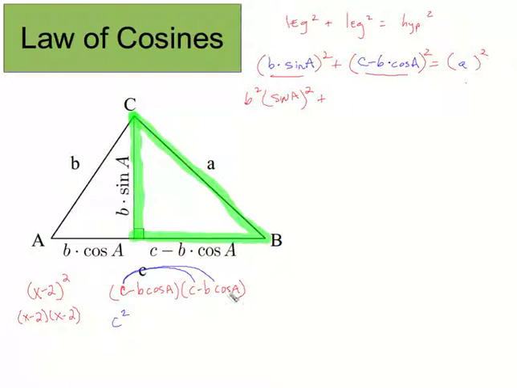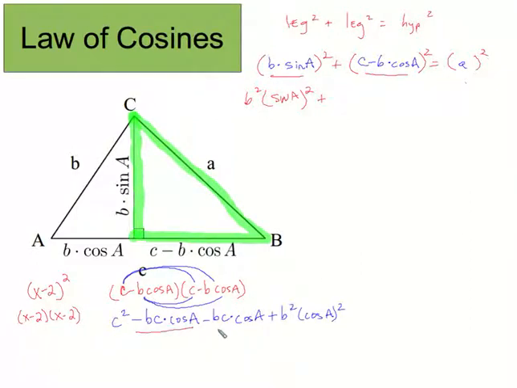C times b cosine A is negative b times c times cosine of A. Negative b cosine A times c is again negative bc times cosine of A. And negative b cosine A times negative b cosine A is positive, negative times a negative is a positive, b squared cosine of A squared.